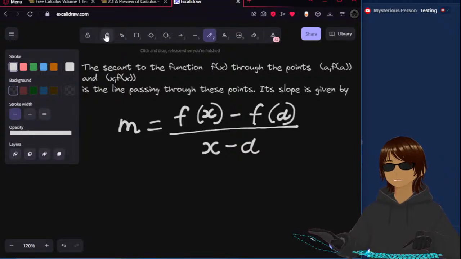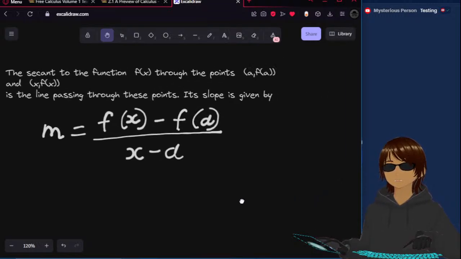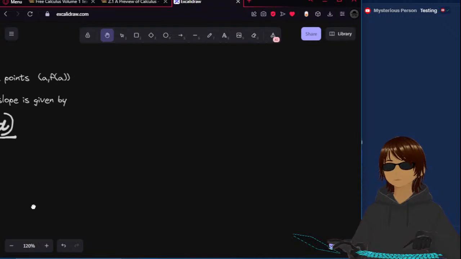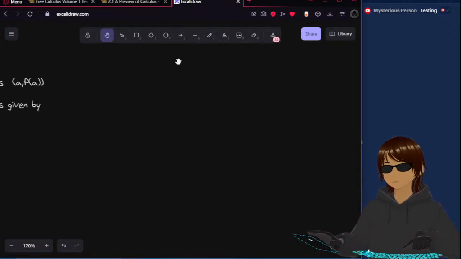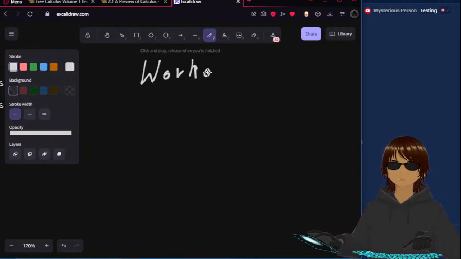I think I will do this, and I will do all my workout over here, all my workout on the right side, and all my notes on the left side.